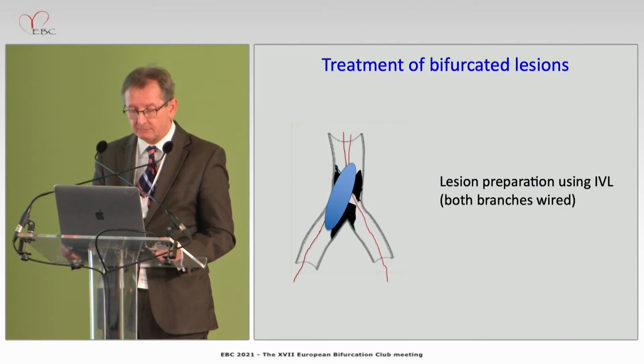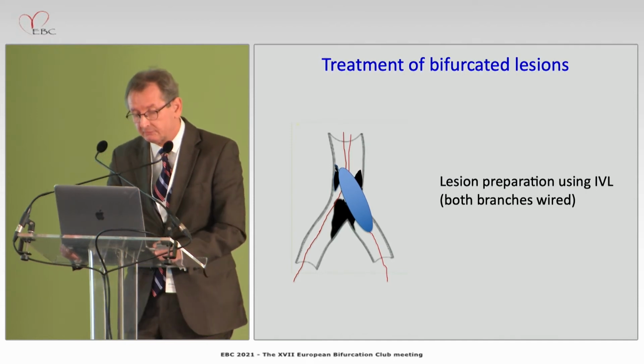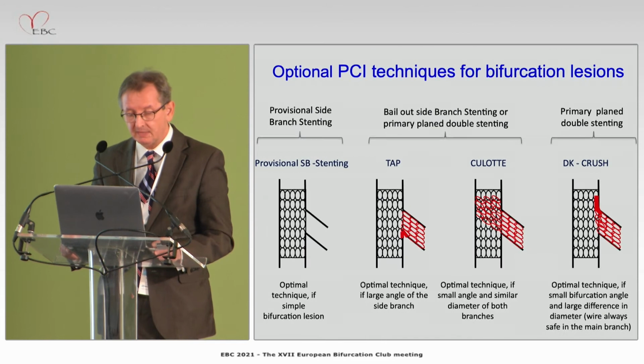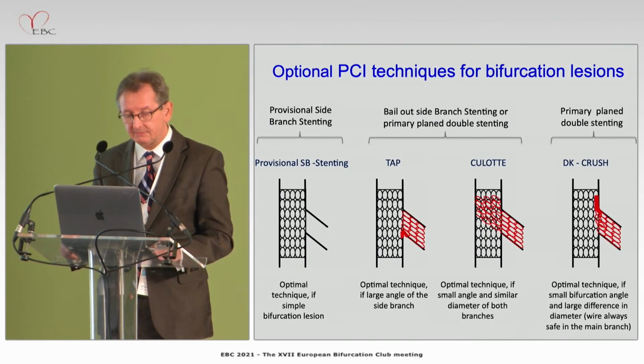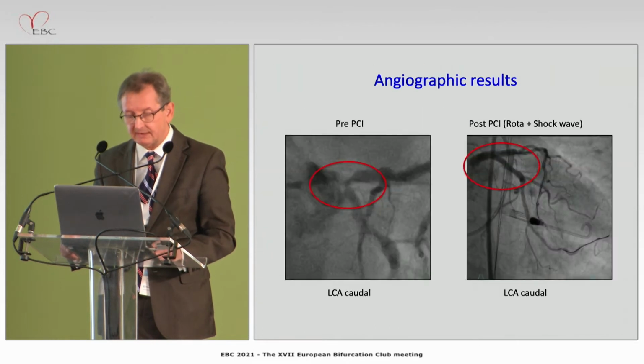So then you usually start with 1 shockwave balloon for the main branch or larger branch, and can exchange to the side branch, or you take a second one. And after this lesion preparation, you can use even all these technical strategies.